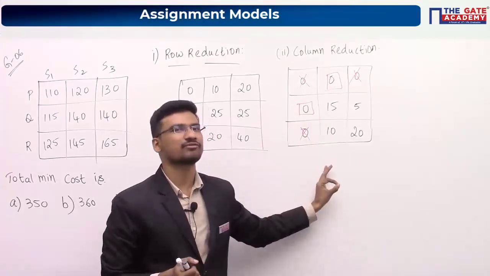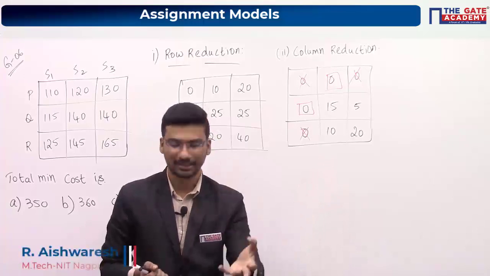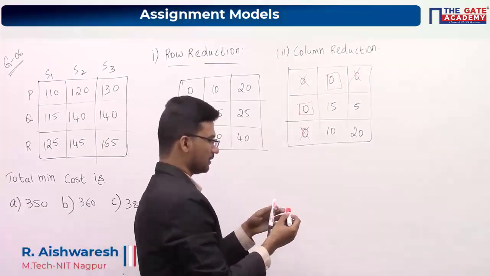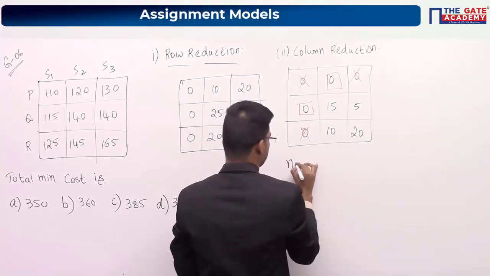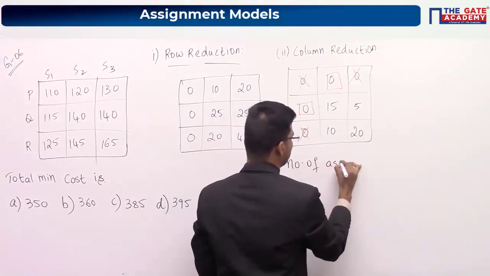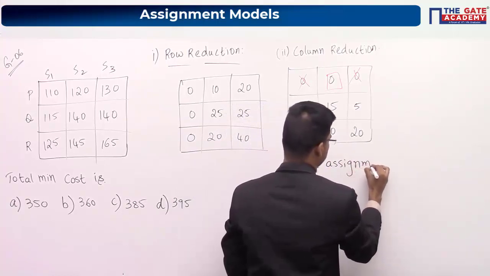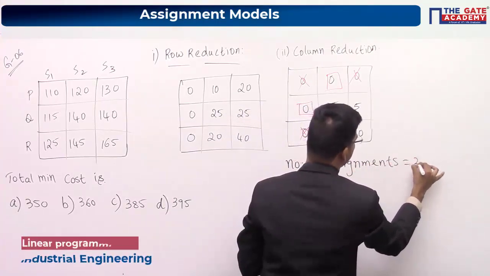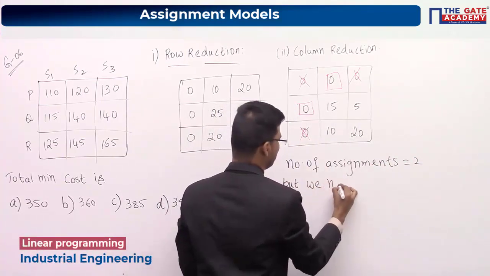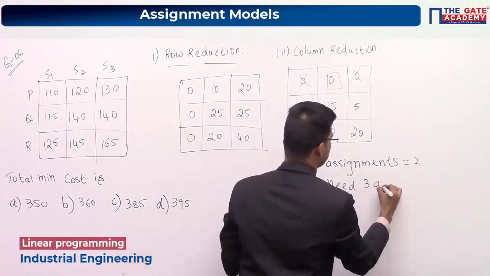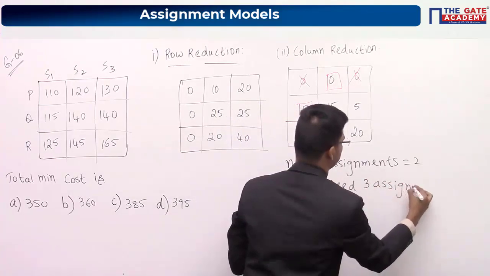Whenever you are facing this type of situation, we have to use one more method. So here I am writing, number of assignments is equal to 2, but we need 3 assignments.